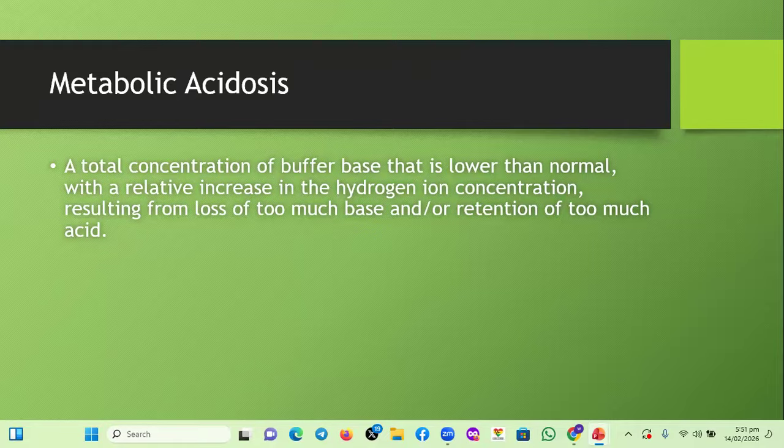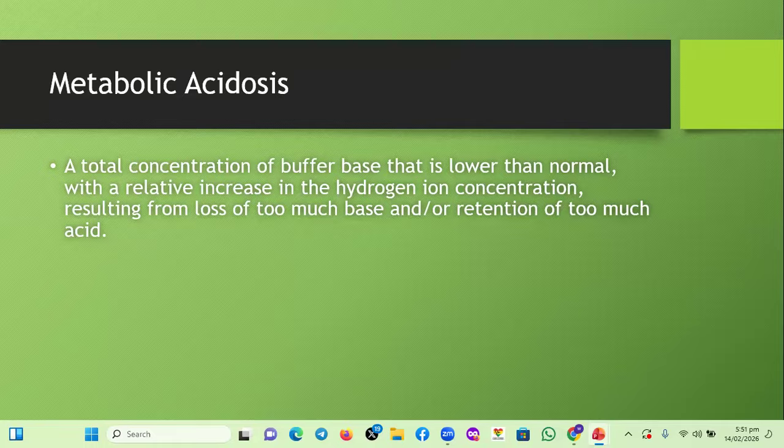So let's say someone takes salicylic acid, or aspirin, and it causes the person to have excess acid in the system. It is metabolic. If it is not a respiratory problem, think of metabolic. So same thing, we have metabolic acidosis and metabolic alkalosis.